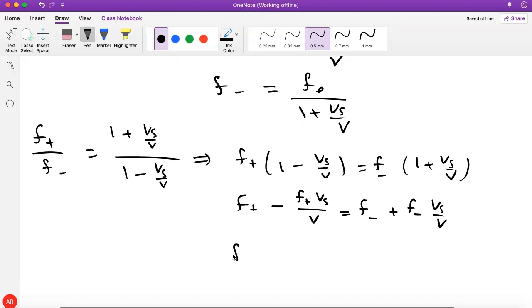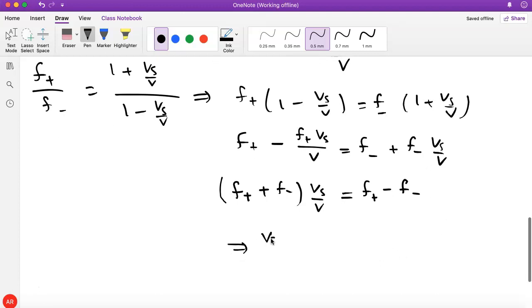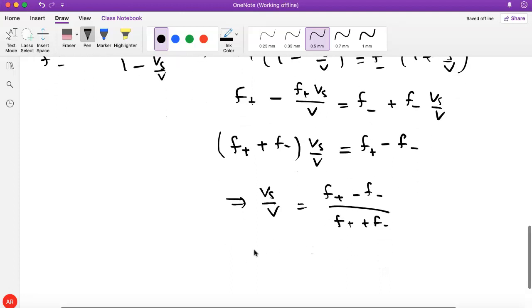I find F plus plus F minus times Vs over V is, I now take this F minus to this side, it gives me a minus sign, so that's F plus minus F minus. So from here we find that Vs over V is F plus minus F minus over F plus plus F minus, and therefore Vs is V times that whole thing.